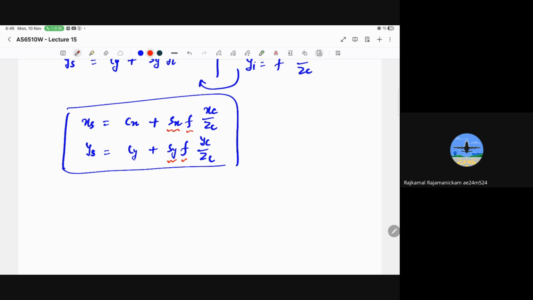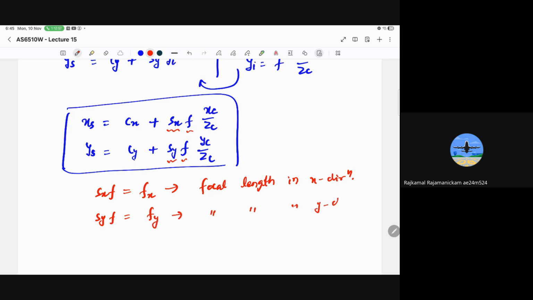So you can combine them: sx into f, both constant, equal to fx, and this parameter is called focal length in x direction. Similarly sy into f equal to fy, the focal length in y direction.